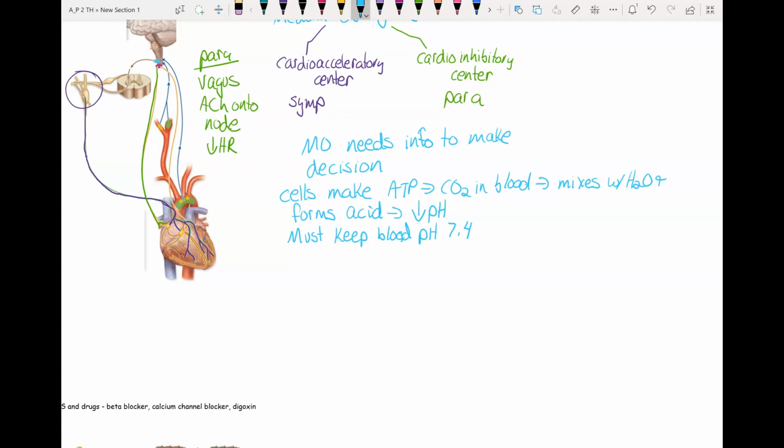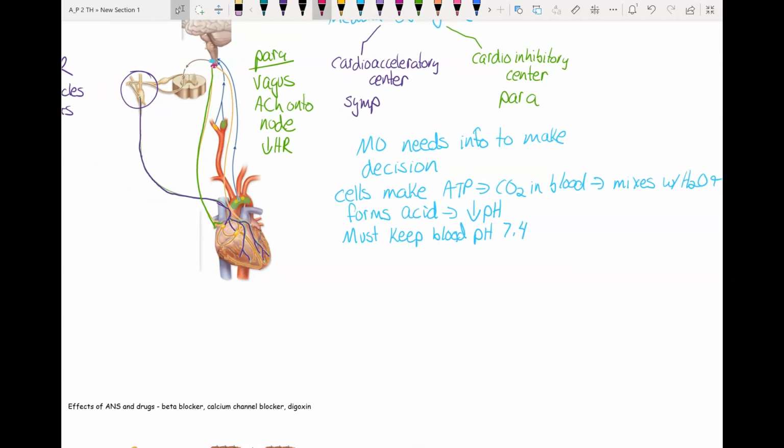This is what your medulla oblongata is concerned with, keeping your blood pH at 7.4. So it has receptors. Up here in the medulla oblongata is your central chemoreceptor.